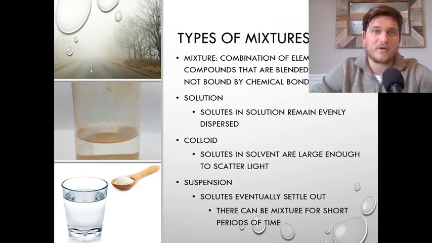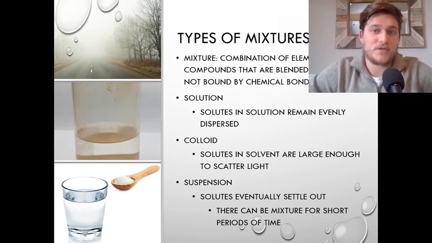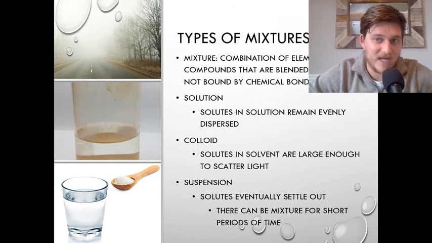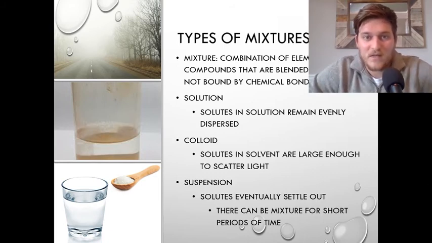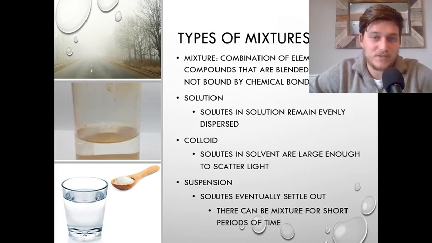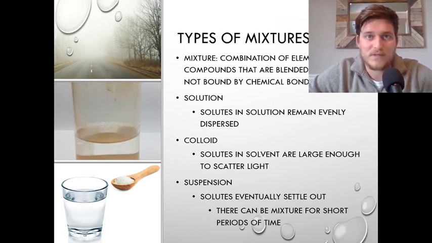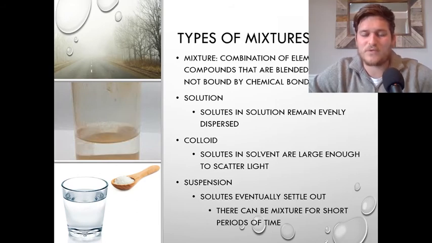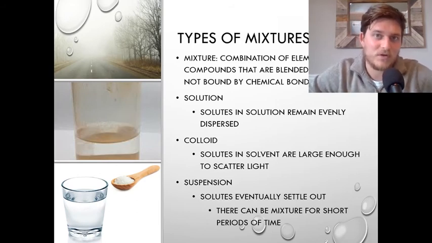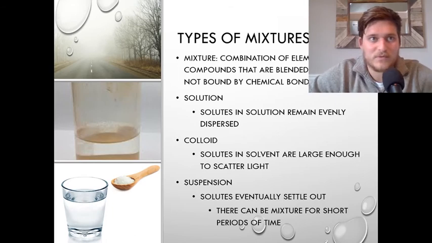Within our bodies, we're going to have many different types of mixtures, or a combination of elements or compounds that are blended together but not bound by chemical bonds. And so we have what's called solutions, colloids, and suspensions, and these different mixtures have different properties. A solution contains small solutes in a solvent, and because of this, it's a homogeneous mixture where you're not going to be able to tell the particles apart.